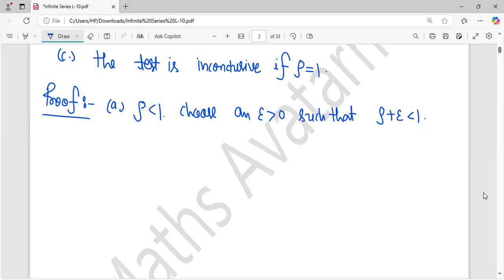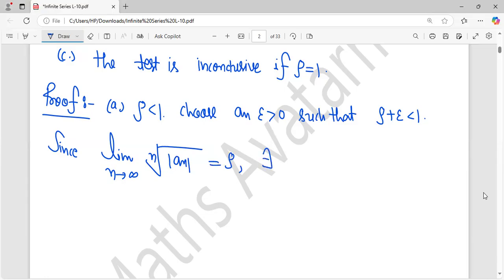It is possible, we can choose epsilon greater than 0 so that this happens. Since the limit as n tends to infinity is equal to rho, there exists a capital M belonging to N such that this happens.